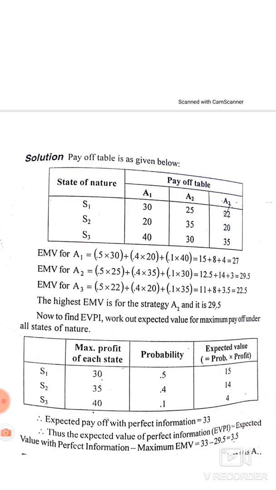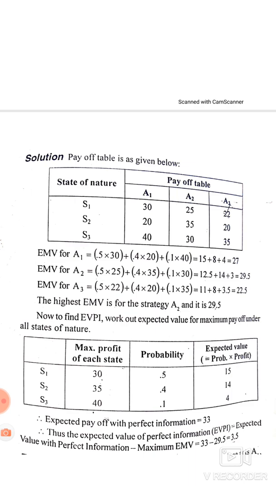When the probabilities which have been assigned for S1, S2, S3, we will multiply with the acts. That is 0.50 multiplied by 30, 0.4 multiplied by 20, 0.1 multiplied by 40. Because 0.5 is the probability associated with S1, 0.4 is the probability associated with S2, and 0.1 is the probability associated with S3.